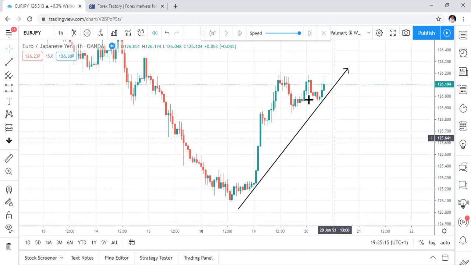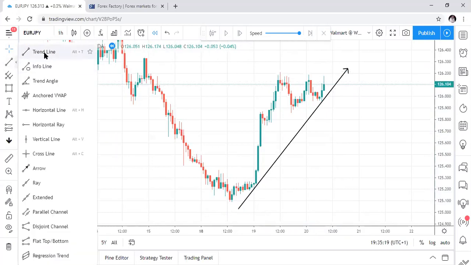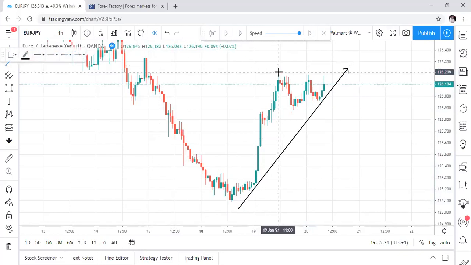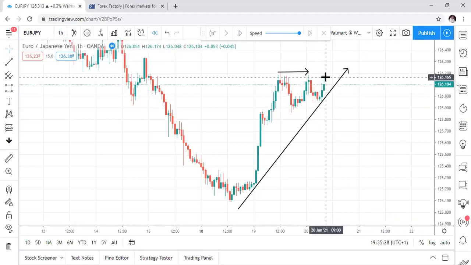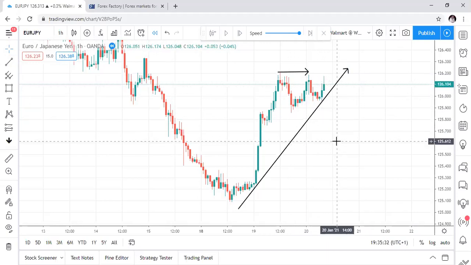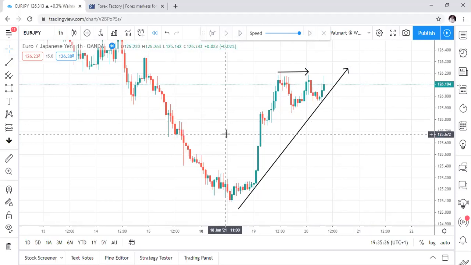You see it? So this is another equal highs, intraday equal highs. Can you see it? And the market pulls back. Can you see the pullback? But it never breaks the structure. It never breaks the structure. And waiting is essential.